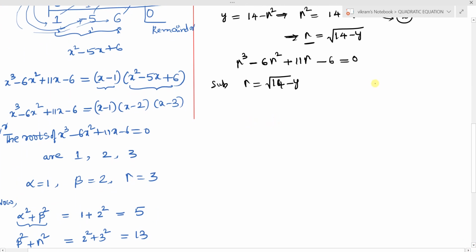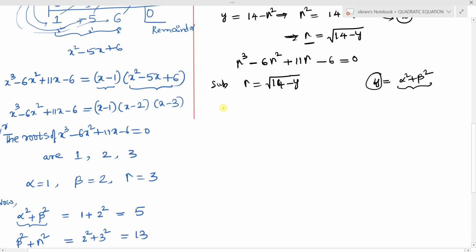We are simplifying because we assumed y equals alpha square plus beta square, and we want the equation in terms of y. Then we will get the required solution.